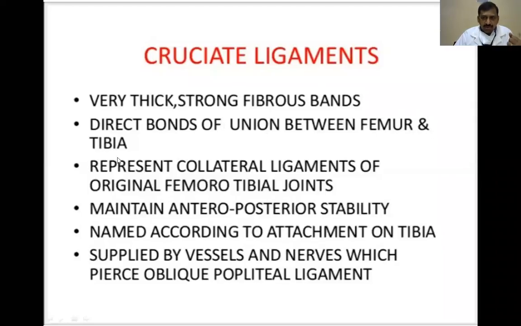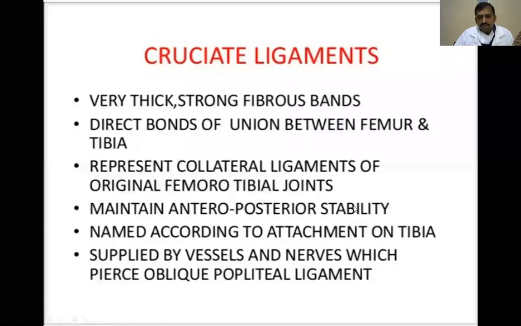That is very important: this is the direct connection between the tibia and femur. They represent the collateral ligaments of the original femorotibial ligaments, and that is nothing but the form of the cruciate ligaments.